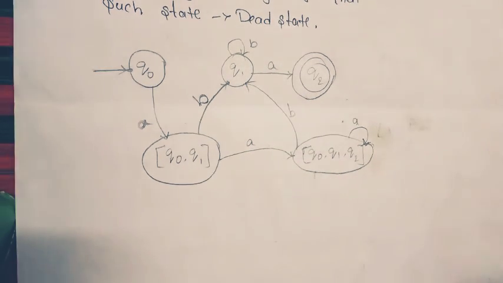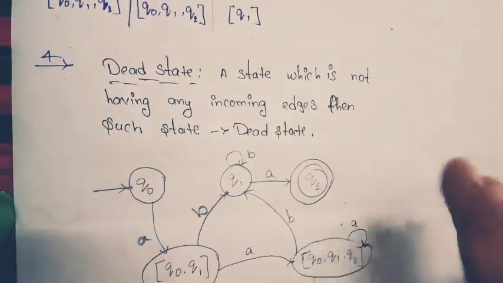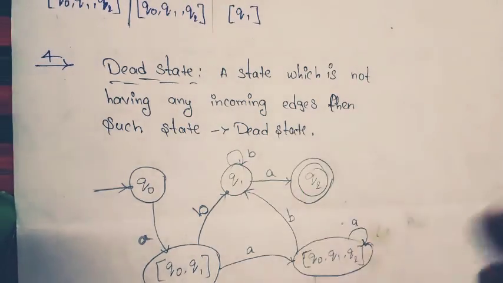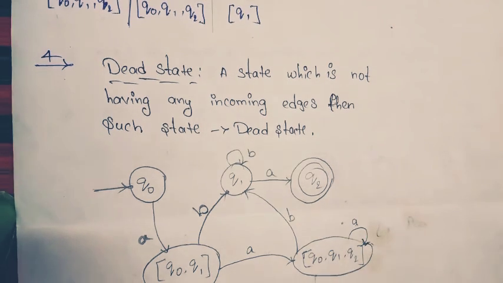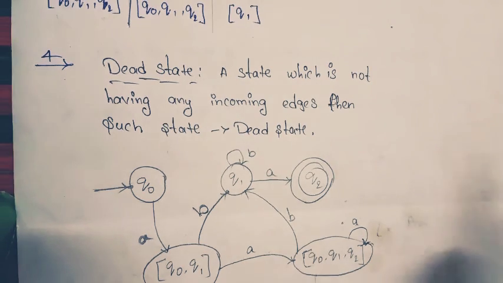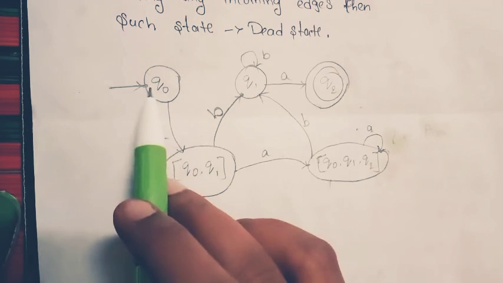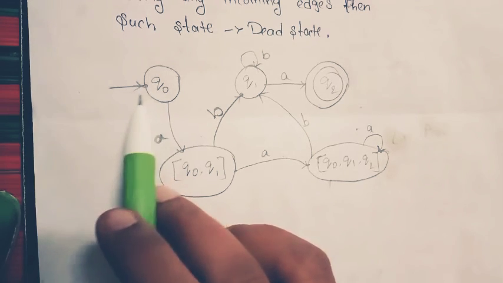Let's see if any dead states are present. First of all, see guys, what is meant by dead state? Dead state means one which doesn't have any incoming edges. The full definition of the dead state is simple, guys. Which doesn't have any incoming edges means, see here, Q0, it is the initial state. It is also having one incoming edge.